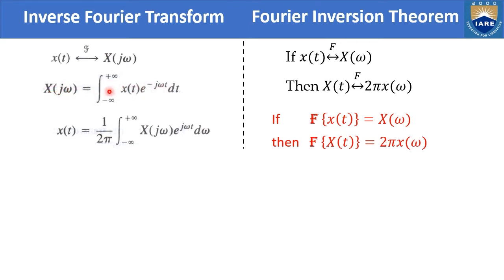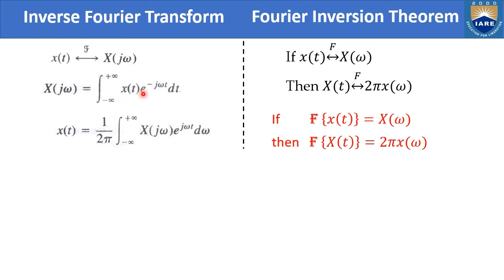This is the analysis equation which is used to compute the Fourier transform of the given signal small x of t. Similarly, the second equation is the inverse Fourier transform equation, which is also called the synthesis equation, and this synthesis equation is used to reconstruct the signal from the Fourier transform.